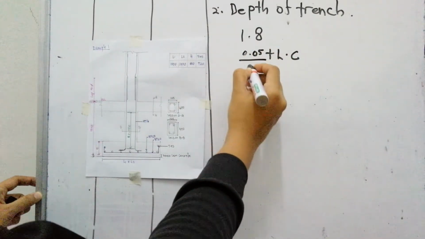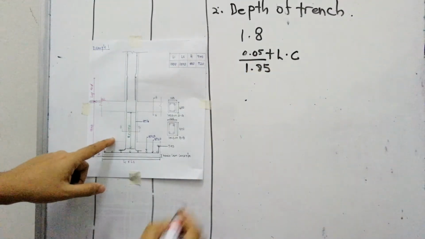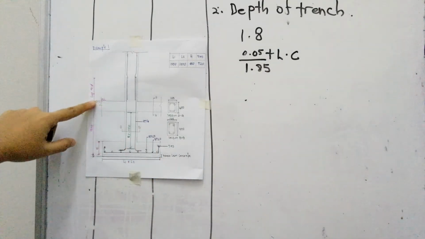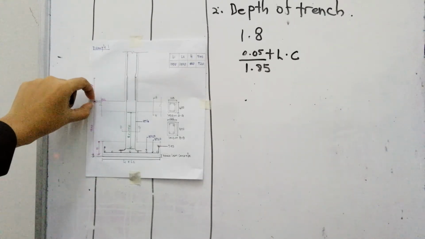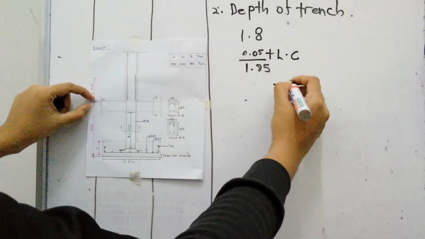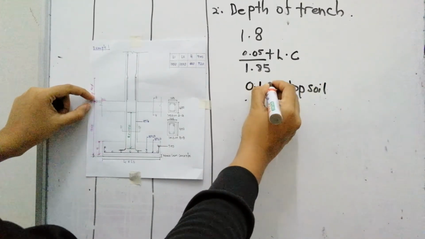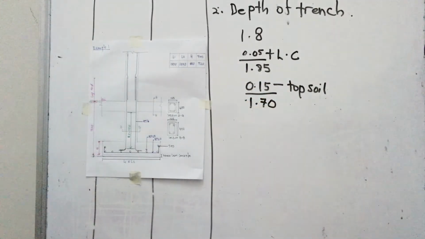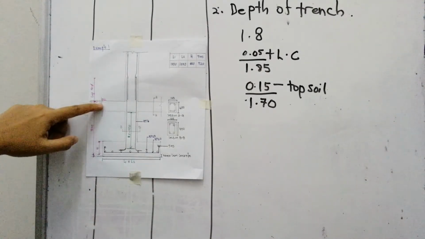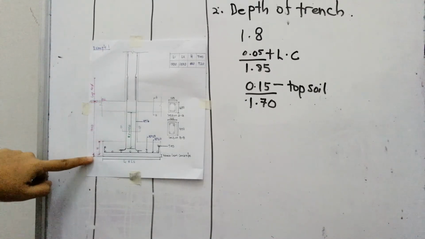So the depth is 1.85. During the first stage you already removed the topsoil, whose standard thickness is 0.15. So 1.70. Now you know you need to excavate to a depth of 1.70.